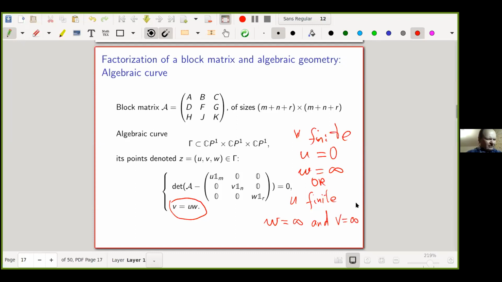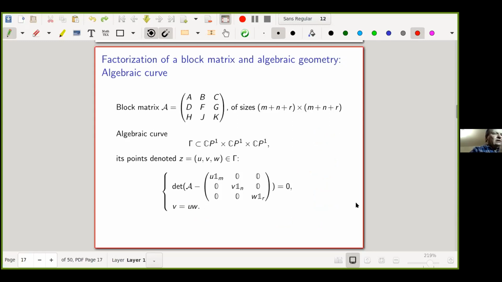And in my paper, the reference to which is in the beginning of this file, such possibilities are considered, and they are important. So it is important that my curve gamma lies in this direct product and not anywhere else.